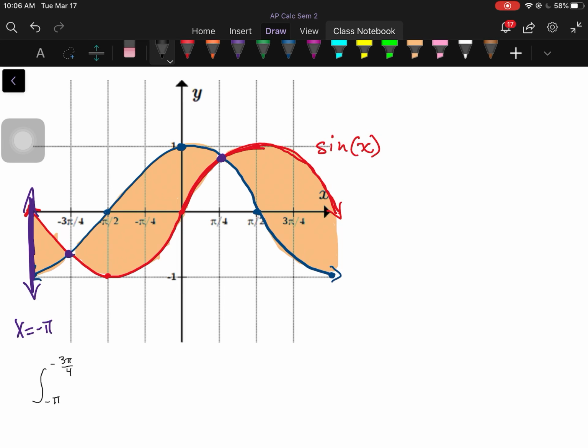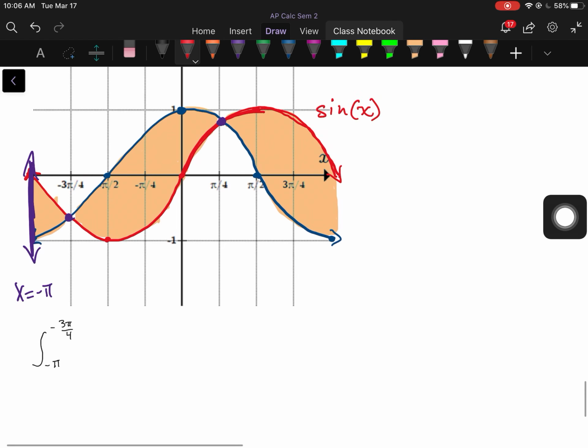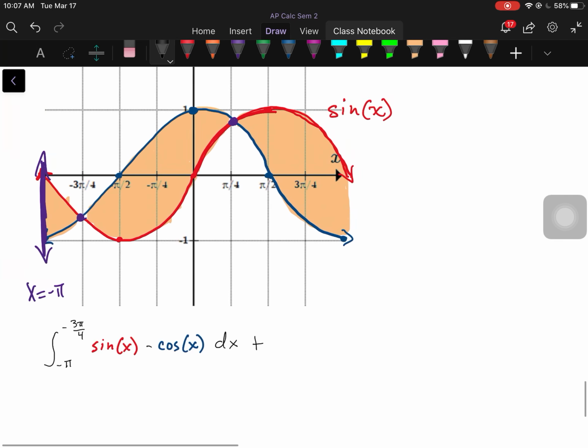And in that case, in that small interval from this vertical line to that point here, the red function is on top. So it would be the sine of x minus cosine of x on that interval dx.